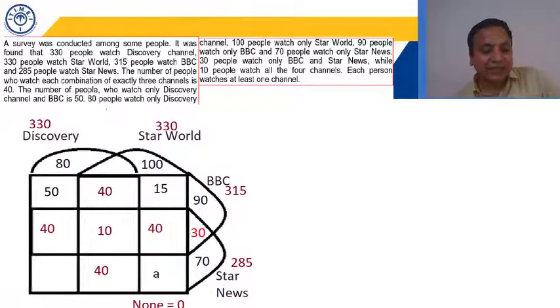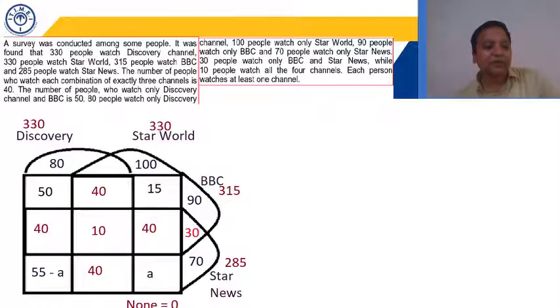So if this region is A, the other region is 55 minus A, because their sum has to be 55.